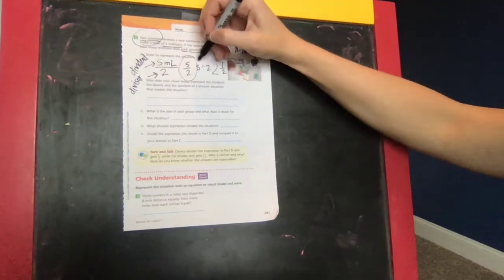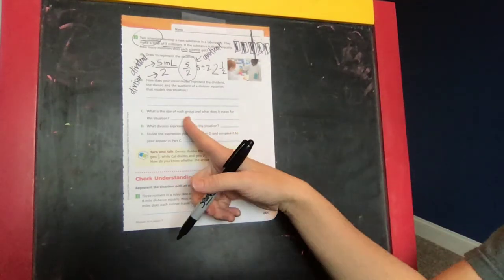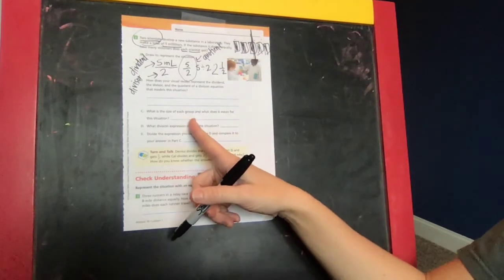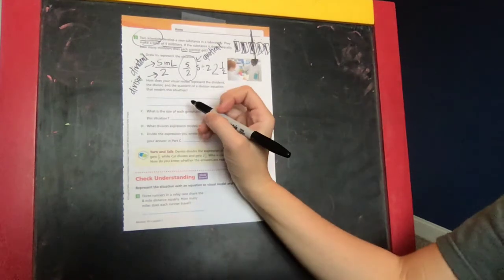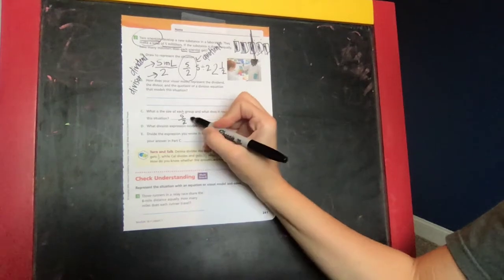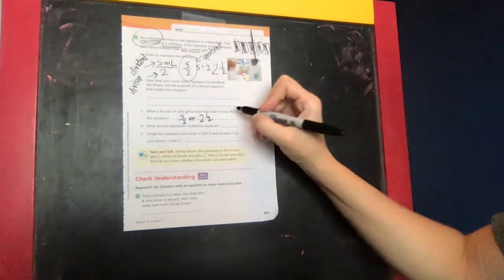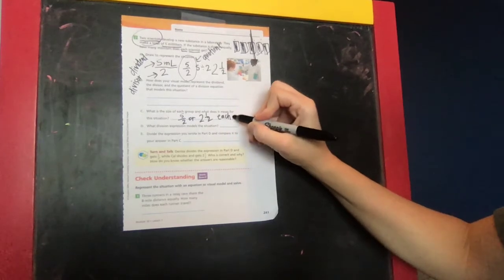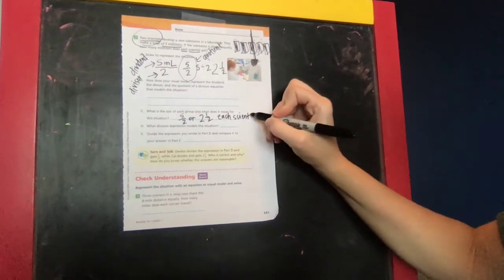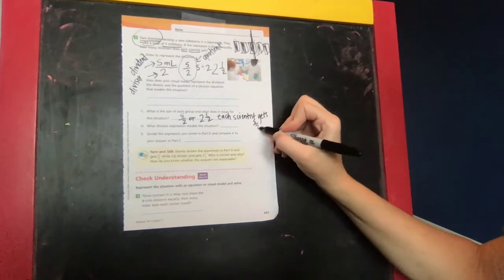And your quotient is your answer. What is the size of each group, and what does it mean for the situation? So we can say that each group is 5 halves, or 2 1/2. And all that means is each scientist gets 5 halves, or 2 1/2.